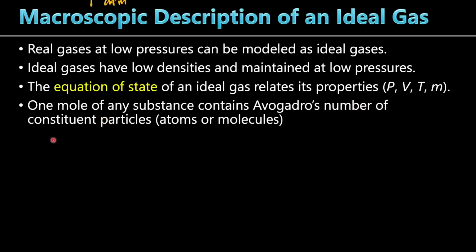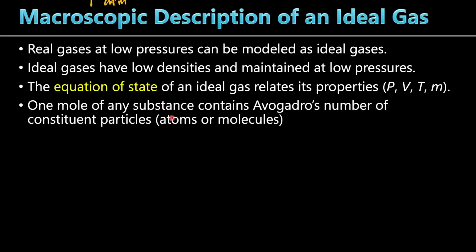So what do we mean by these constituent particles? These particles can be atoms or molecules. For example, you have a sample of gold metal. So these gold metal are made of gold atoms. So in this case, it's proper to describe the constituent particles in terms of the atoms of gold.